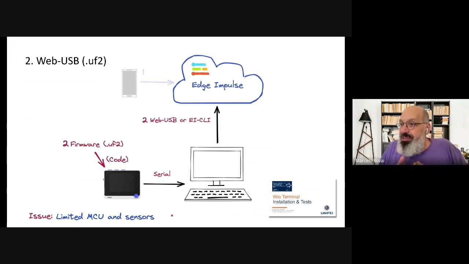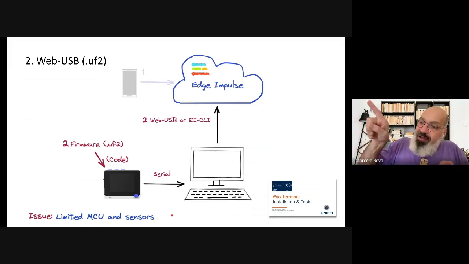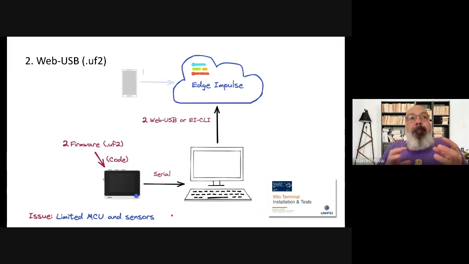When I say officially supported, I mean they have developed a program that you can download or upload to your device to be connected directly to Edge Impulse. But again, this is not a limitation. This is only something that makes your life easy for some more common devices.